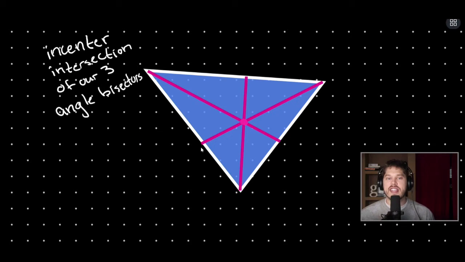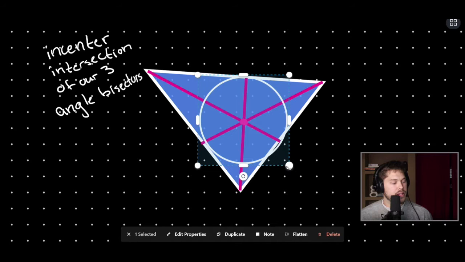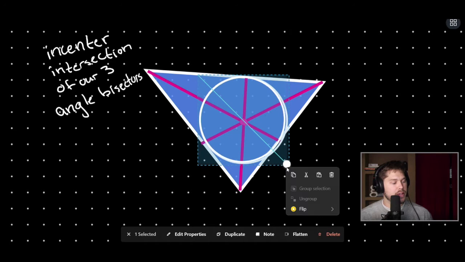Something else that's interesting about the incenter is that if we draw an inscribed circle in our triangle, and an inscribed circle is simply a circle such that it's tangent with all three of our sides. So here, let me put it in and clean it up again. Make it really look like a circle.